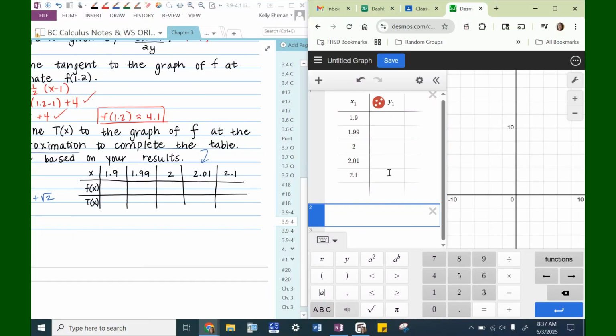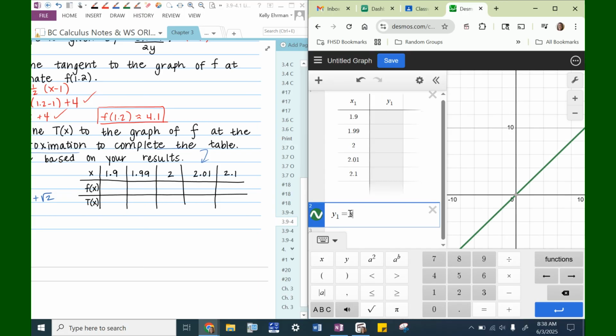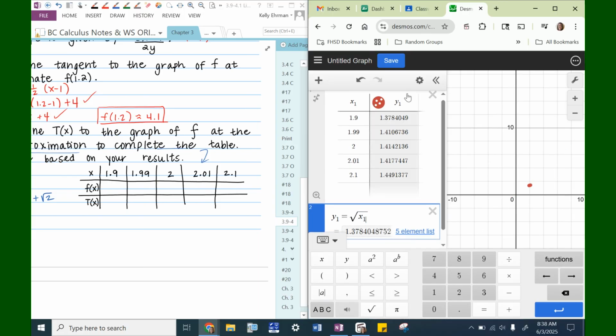Okay, so let's make y1. You would type y and then shift hyphen 1, or I'm sure there's a subscript somewhere in functions. y1 is equal to, I don't know if this will work, let's find out, the square root of x1. Hey, there we go.